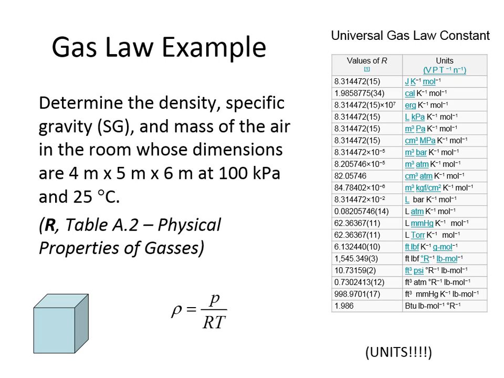The pressure of the air that's defined in the problem is 100 kilopascals, so 100 kPa is the same as 100,000 newtons per meter squared. That's the pressure. For a temperature of 25 degrees Celsius, that's 273 plus 25 equals 298 Kelvin.